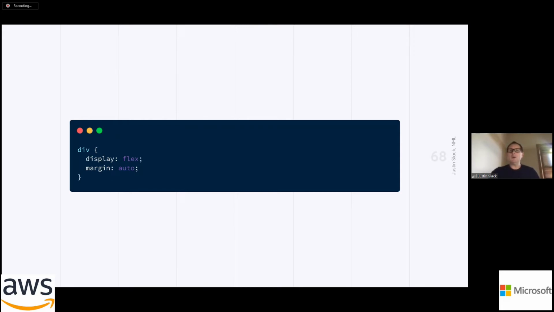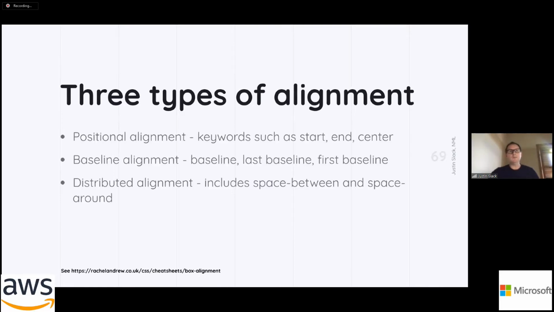Now, I just picked that one out because it comes up a lot; people have always complained about vertically and horizontally centering items. Now it's trivial. But that's not the only thing you can do with alignment. There are, in fact, 3 types of alignment. There's position alignment, which gives us keywords such as start, end, and center. There's baseline alignment, which gives us baseline, last baseline, and first baseline.